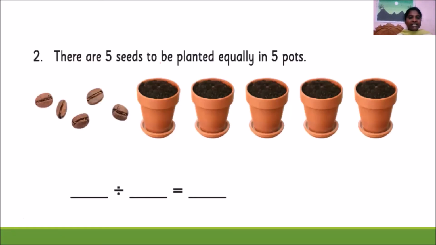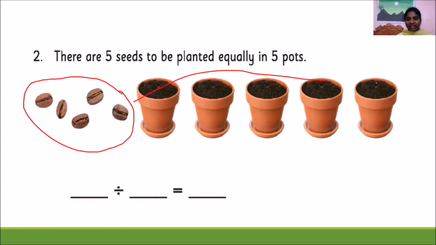There are 5 seeds to be planted equally in 5 parts. Look at the picture. You can see the 5 seeds and 5 parts here. Now we have to write the division fact.